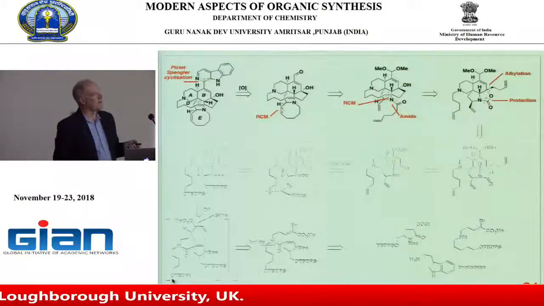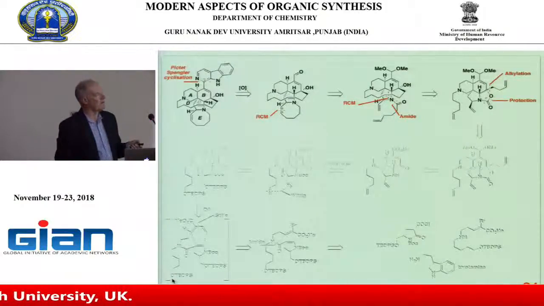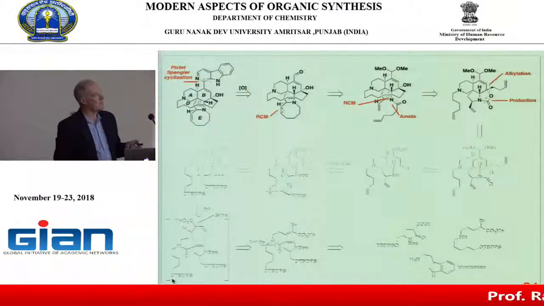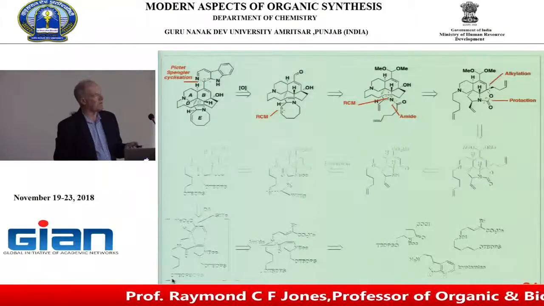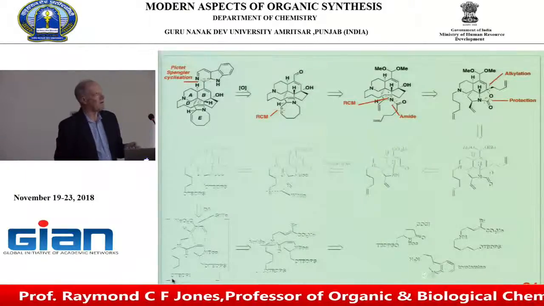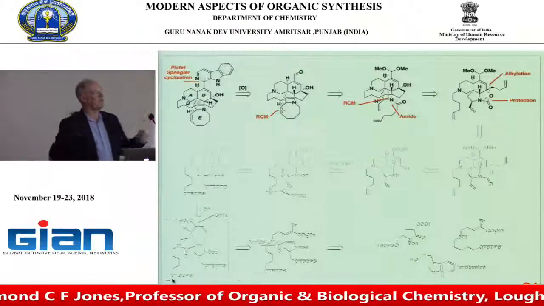There is another alkene in a large ring here, this bridging chain. So you could imagine putting that together by a ring closing metathesis as well. That would mean this chain on the left and this chain on the right would form the bridge across the top of the molecule.